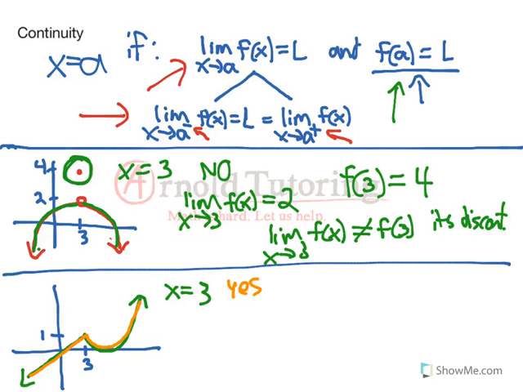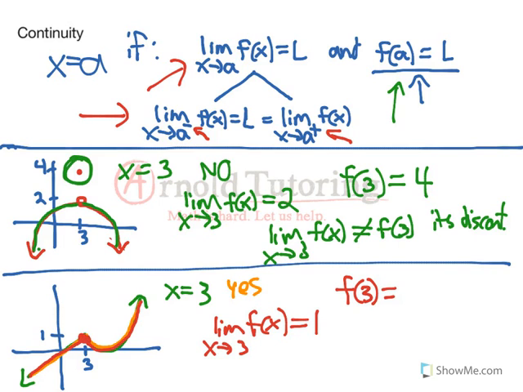Let's prove it algebraically. First piece is the limit as x approaches 3 of f of x. What does this equal? Well, from the right, I'm approaching 3 from the right, it looks like it's getting really close to 1. From the left, it looks like the y value is getting really close to 1, so we'll call this 1. What about f of 3? That's the second piece.